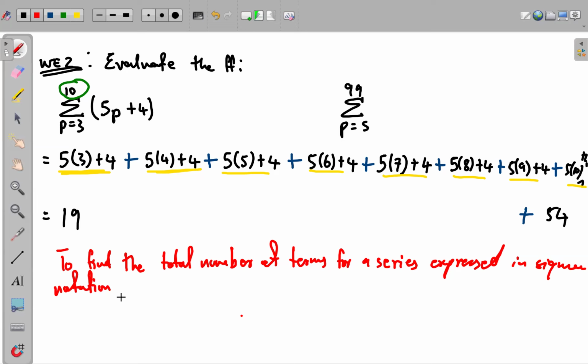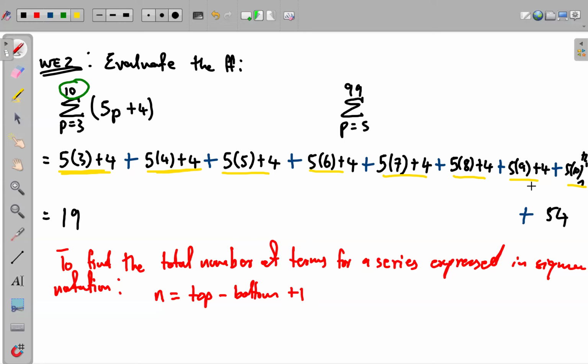We will use the following formula. Let's use n for the total number of terms. We will then say n is equal to: you take the top number, you subtract the bottom number, and then you add a 1. Let's see if that is the case. We have calculated in yellow about 1, 2, 3, 4, 5, 6, 7, 8 terms.